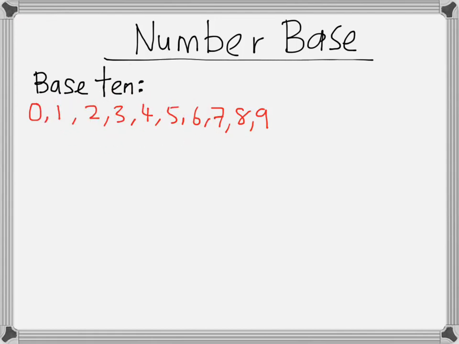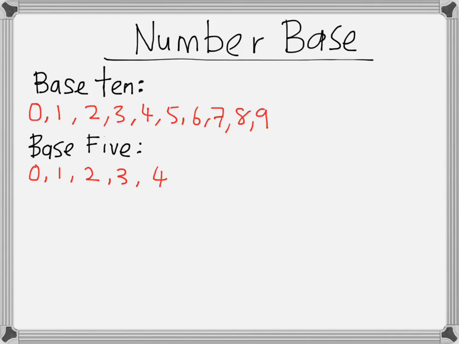Now if we go to base 5, what will happen? If we go to base 5, it means the number is formed by 5 digits only, which are 0, 1, 2, 3, and 4.